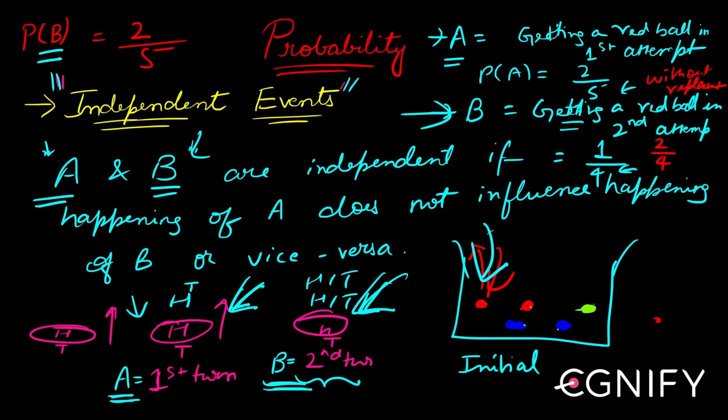But on the other hand, if I did not replace this red ball, then things would change, because B's value would depend on whether I got a red, a blue or a green ball in the first attempt. So in the without replacement case, B would depend on A. But if I replace whatever I got and keep it back in the bag, then the two events are independent of each other.